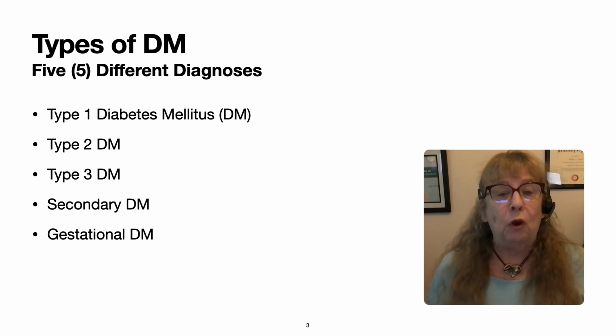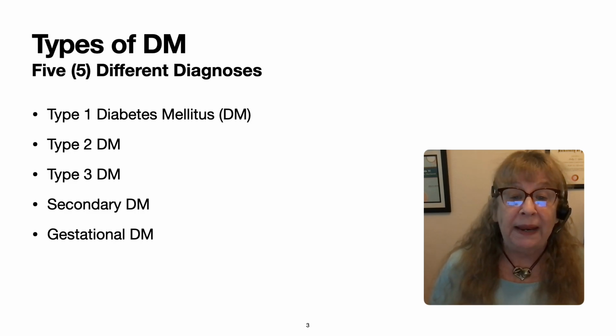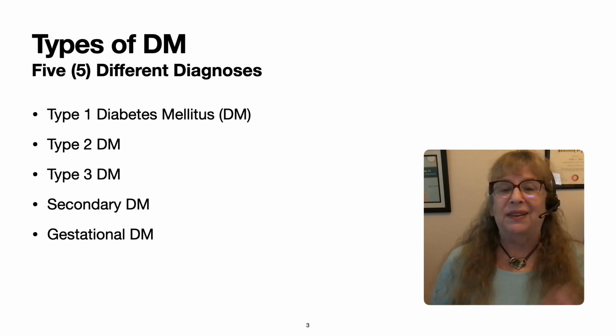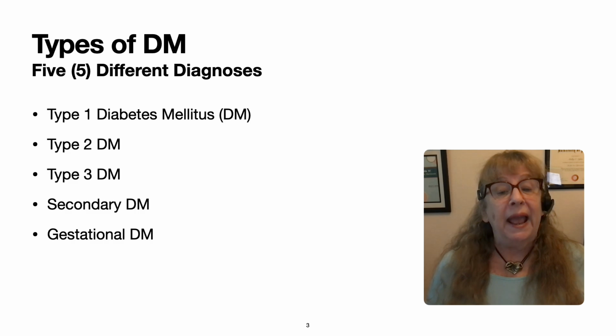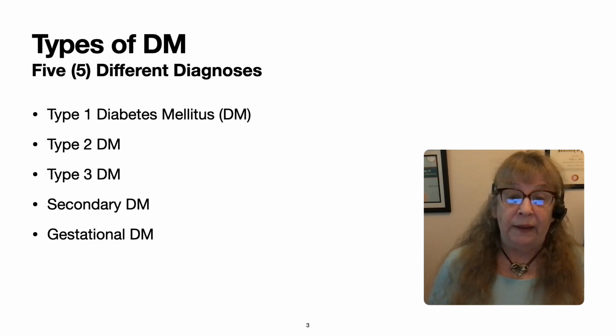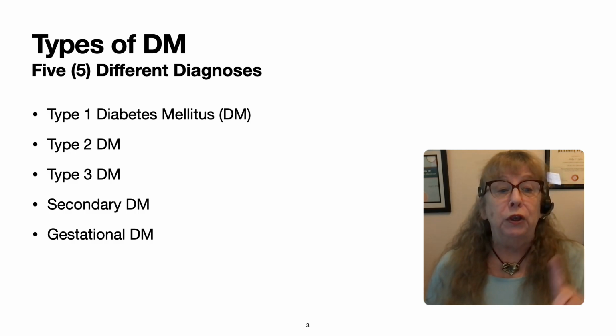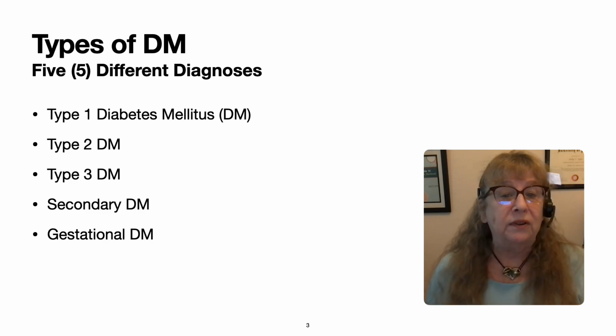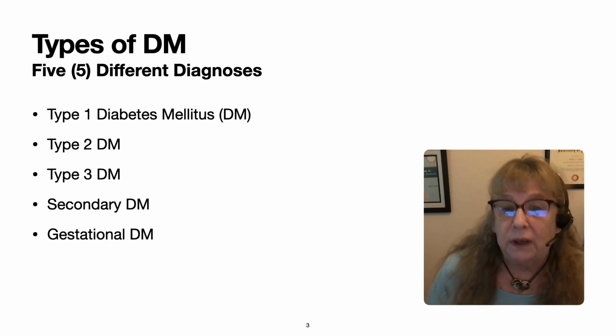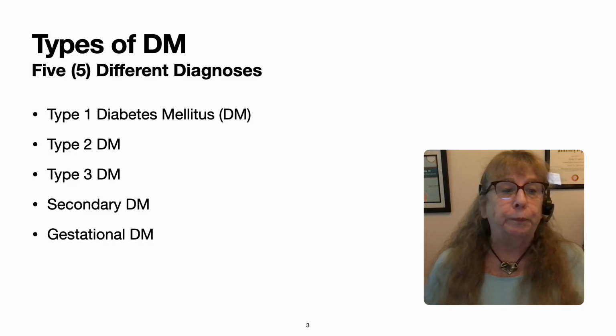It's also known as insulin-dependent diabetes mellitus. That's an old-fashioned term. All it means is that the patient is required to take insulin every single day. And therefore, use of insulin for a type 1 diabetic is not reported separately. But we're going to talk about other cases in a minute.